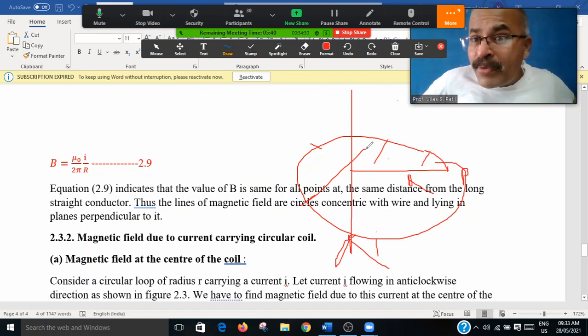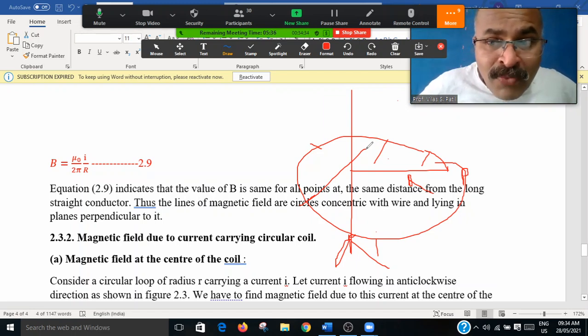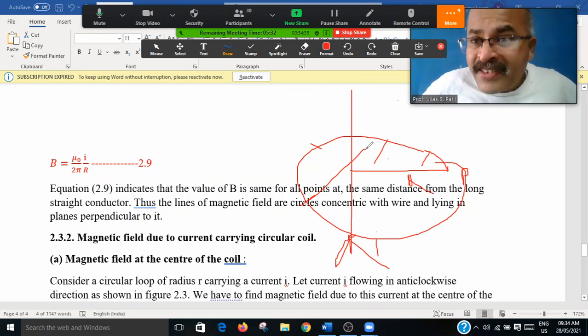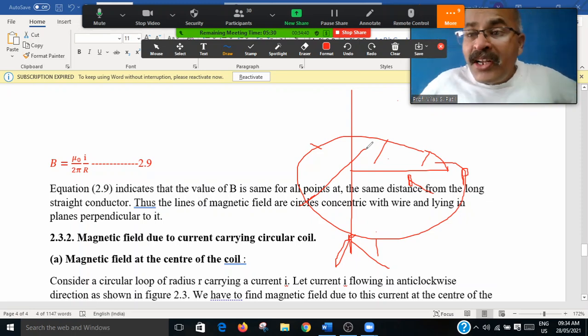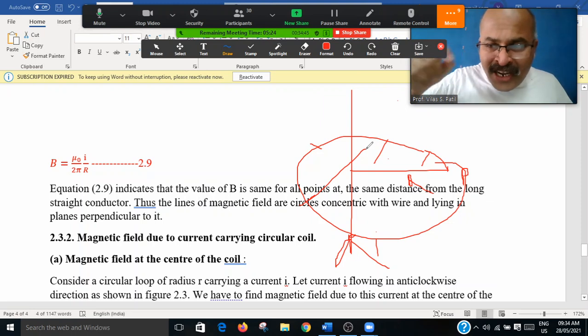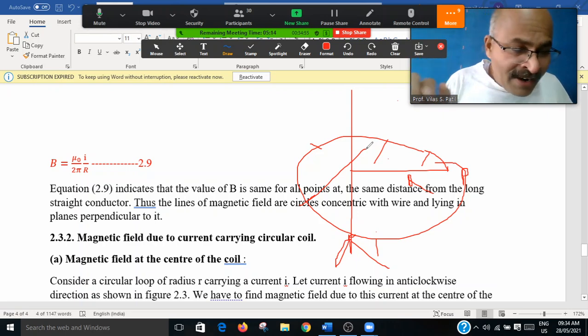On each point on the circumference of the circle of radius r, the magnetic induction will be the same. It will be constant and equal to B, where B is equal to mu 0 divided by 4 pi, I divided by r.